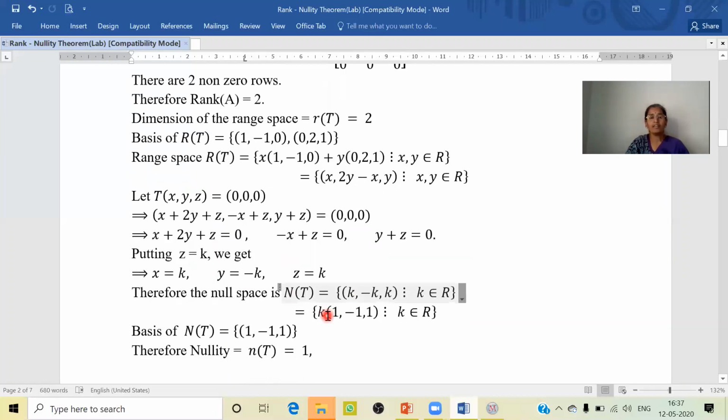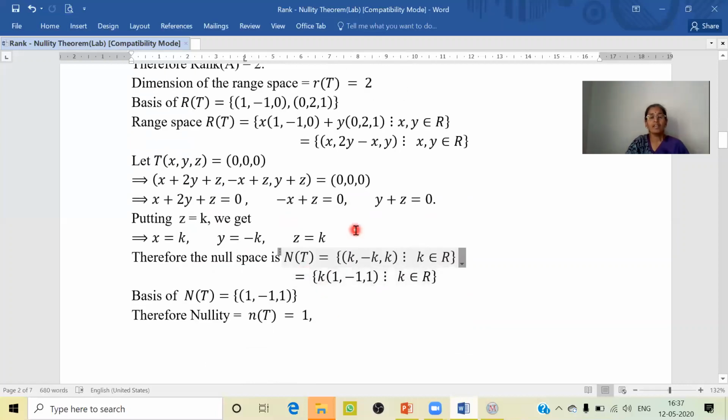So now we can write the null space N of T as (k, -k, k), that is (x, y, z), where the values of x, y, z are k, -k and k, where k is any real number in R. Now we can take k out as a common factor, and write N of T is equal to k into (1, -1, 1), where k belongs to R. Therefore, this entire set is generated by this single element (1, -1, 1).